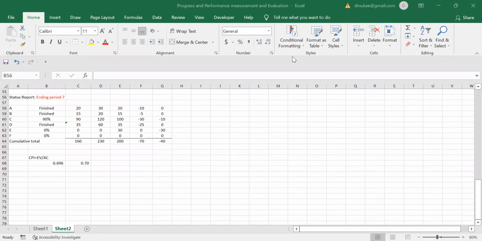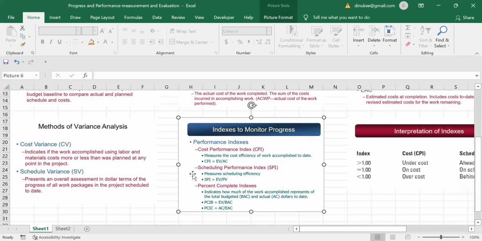Right. So I will now go to the Schedule Performance Index, SPI. The Schedule Performance Index measures scheduling efficiency, right? We are going to measure the scheduling efficiency.